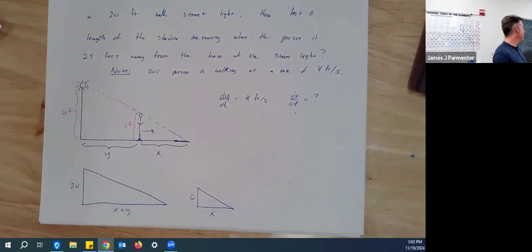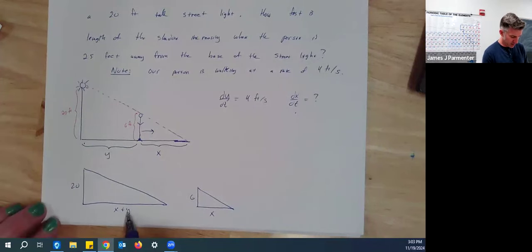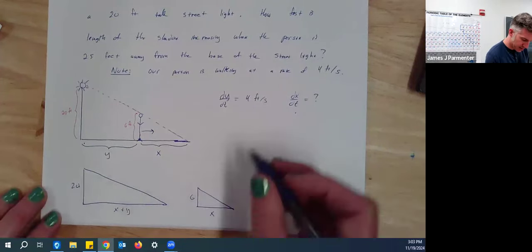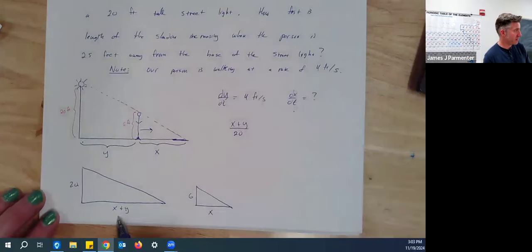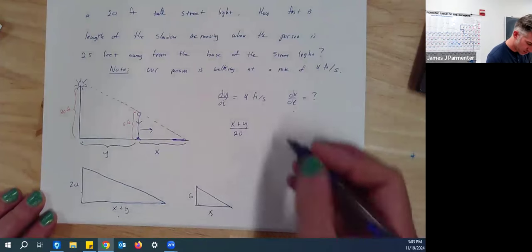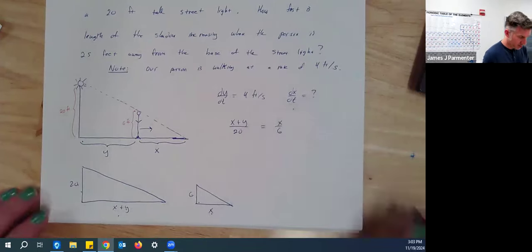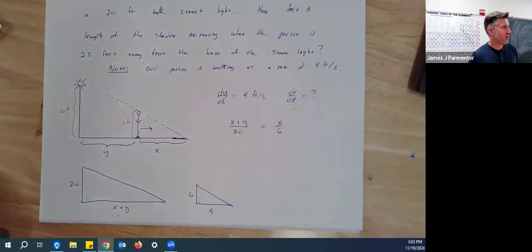I might choose to do it in a way so that all my x's and y's end up in the numerator. So I might say, great, this larger base divided by this larger height is equal to this smaller base divided by this smaller height. I'll point out that really I'm just picking which trig function I want to use.